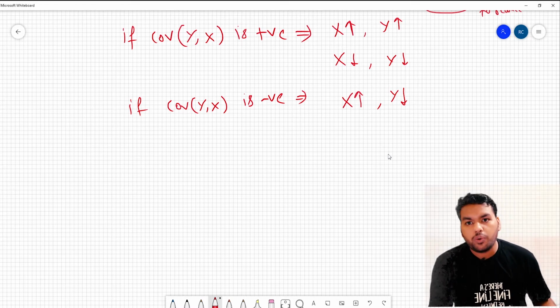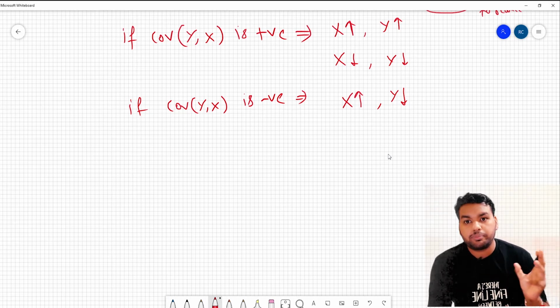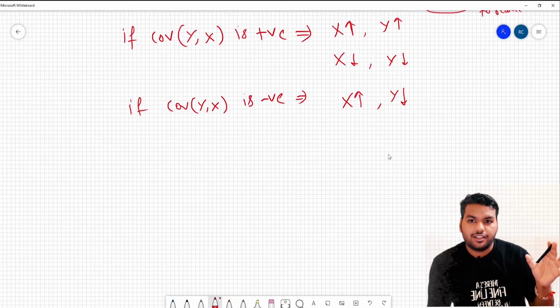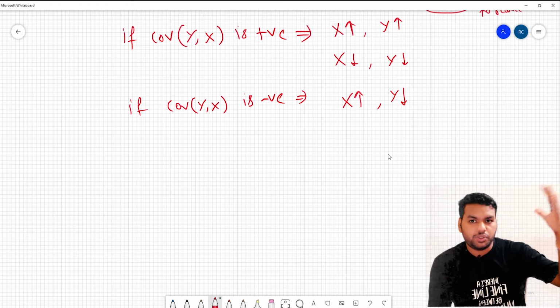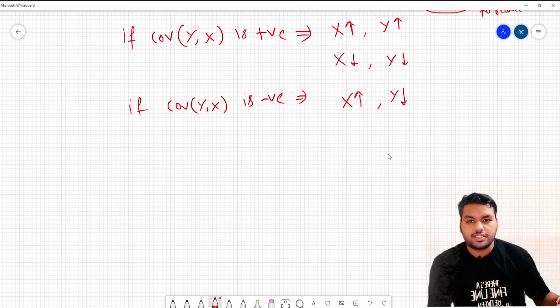We don't know how much they are linearly related with each other. That means we don't know the strength. We only know the direction, whether they are varying positively or negatively. So this is the drawback in the covariance.